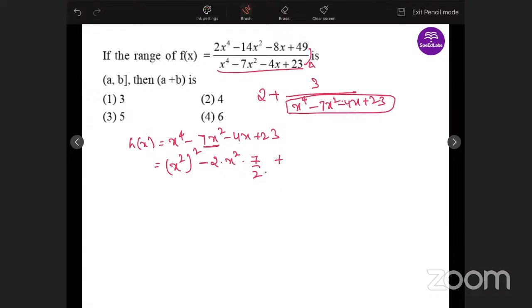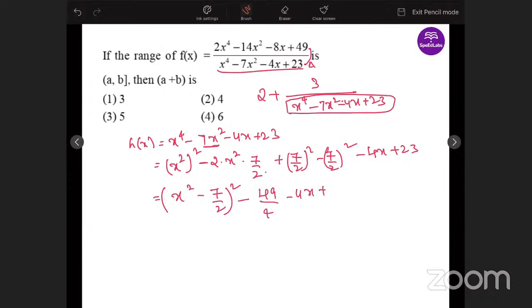I'll be adding 7 upon 2 the whole square minus 7 upon 2 the whole square, minus 4x plus 23. Correct? Yes, sir. So I can write this as x square minus 7 upon 2 the whole square minus 49 upon 4 minus 4x plus 23.